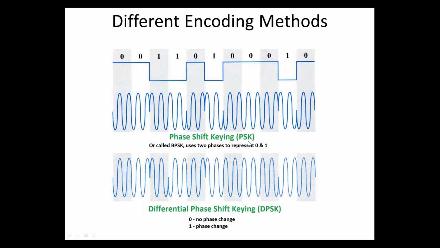Then there's phase shift keying. This is the one we'll be taking a look at shortly. PSK31 uses phase shift keying, and that's a situation where we're running along with this frequency signal, and then when we shift phases, it indicates we go from a 0 to a 1.